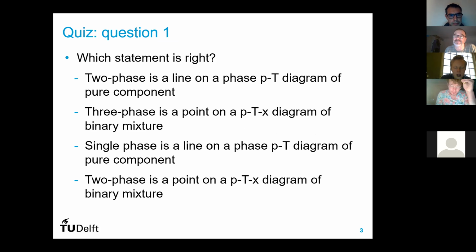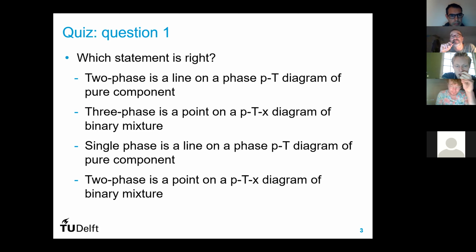Two-phase is a line in the PT diagram of a pure component. Three-phase is a point in the PT diagram of a binary mixture. Single phase is a line on the PT diagram of a pure component, and two-phase is a point. Which one is correct?